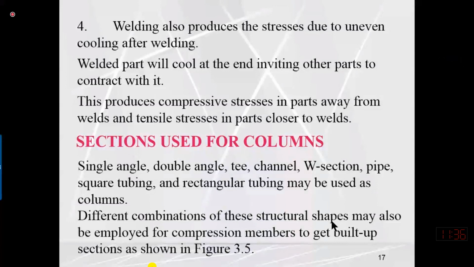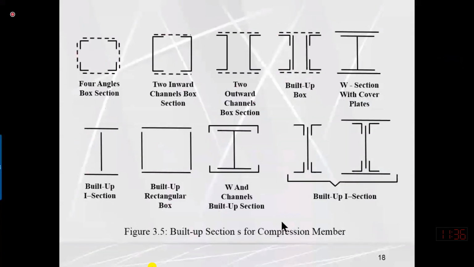Now we will discuss different types of sections that can be used for the compression member. Normally we use a built-up section for the compression member. We can also use a single section, but normally the built-up section proves to be more economical. Why? Because in a compression member, strength is a function of slenderness ratio.